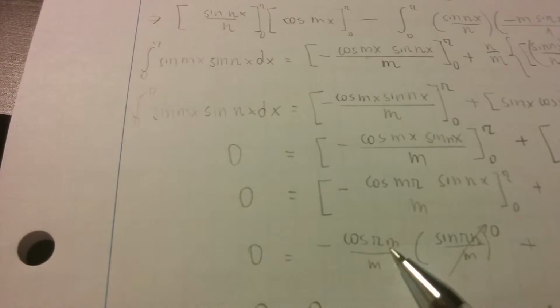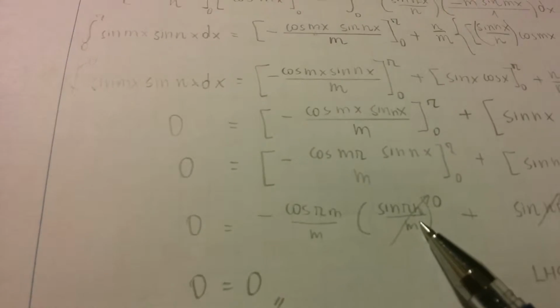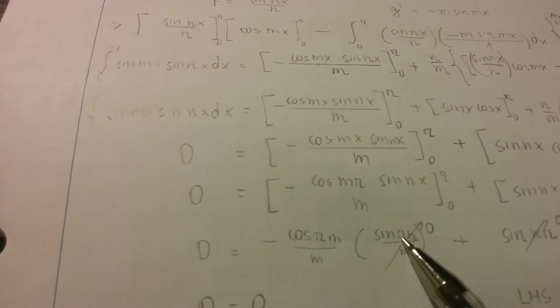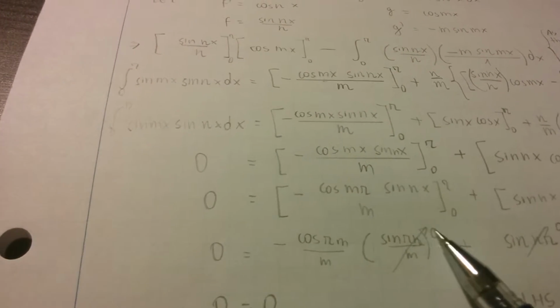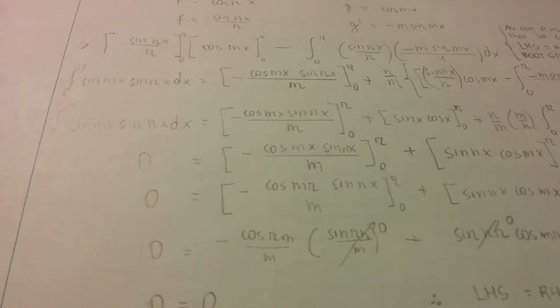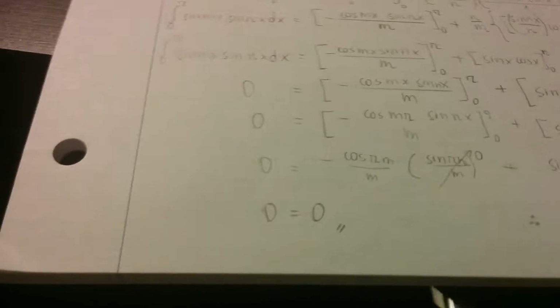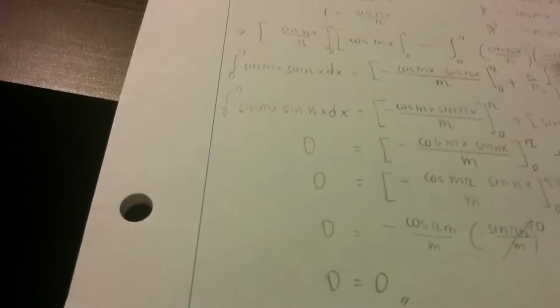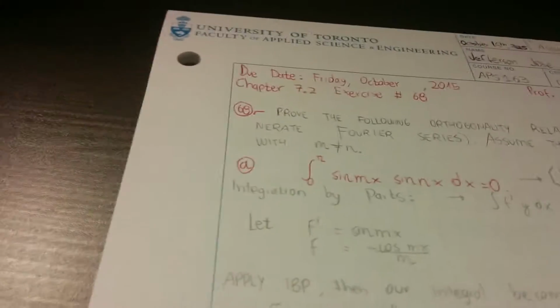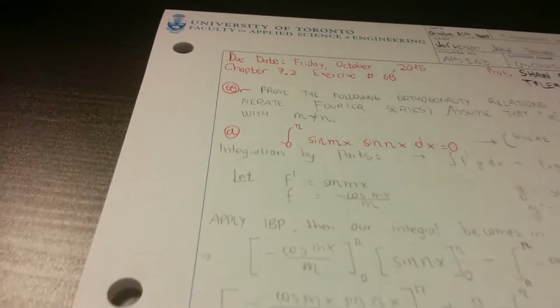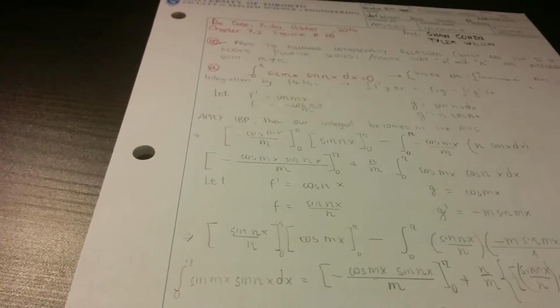So here we have a cosine of pi multiplied by sine of pi. Sine of pi is equal to 0, so these terms cancel, and we have the same case for every term. Then we obtain the original integral, as the original integral was equal to our new integral with the bootstrapping and integration by parts methods.